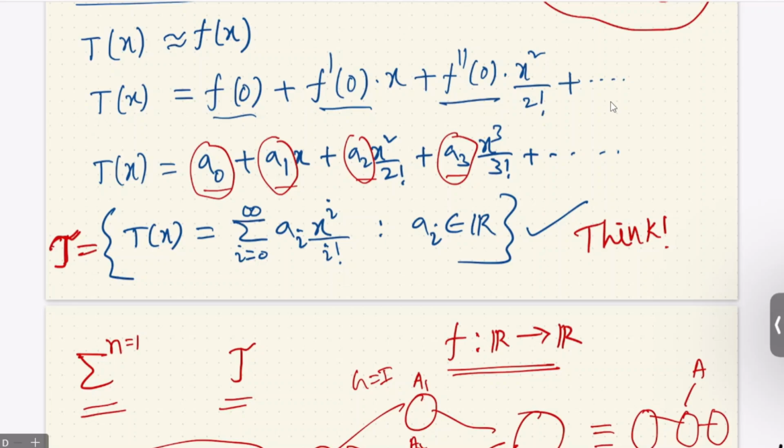That means that you have learned it from the Taylor series. So can I say this is also a learning algorithm which is based on Taylor series?